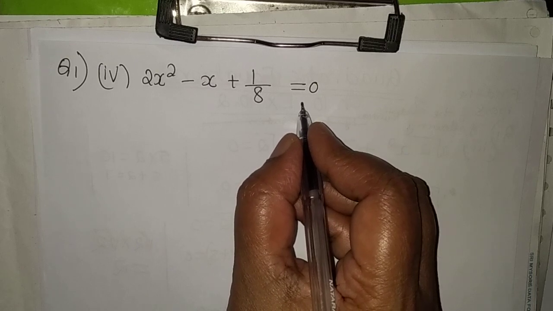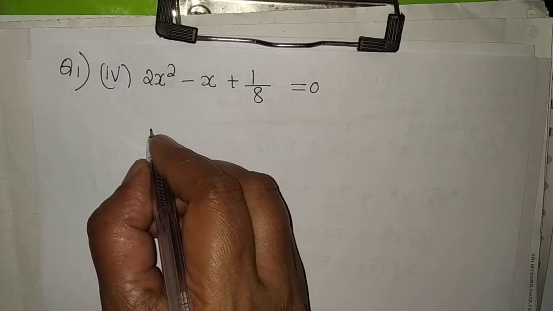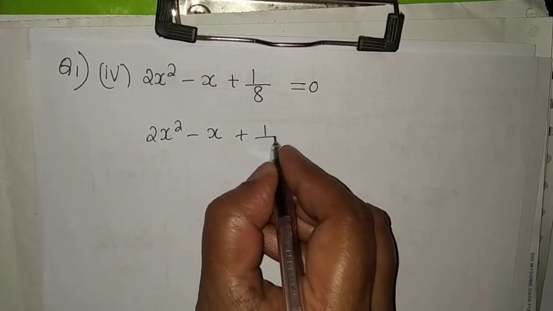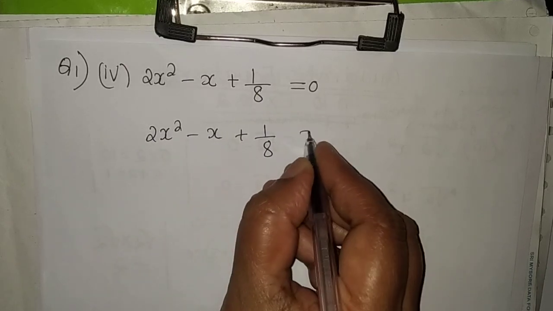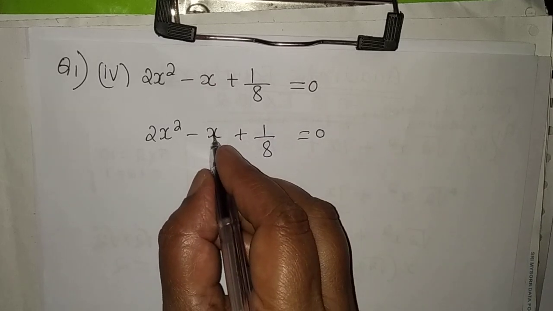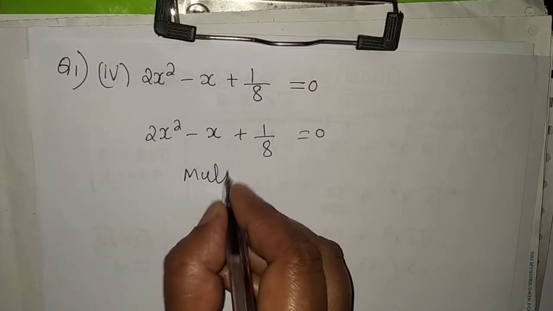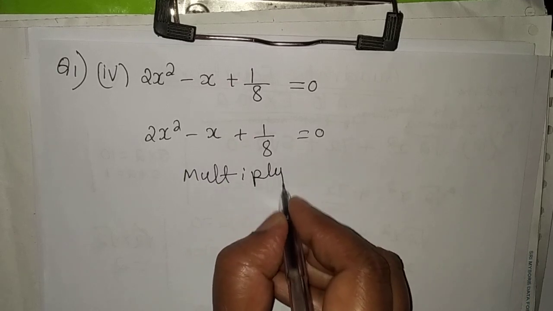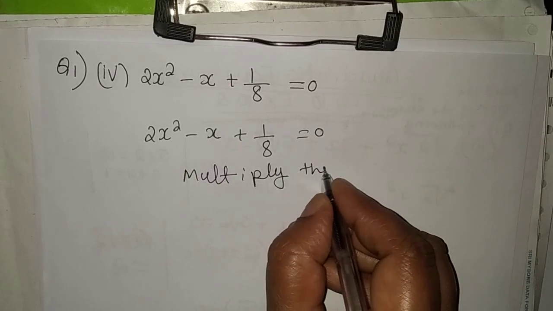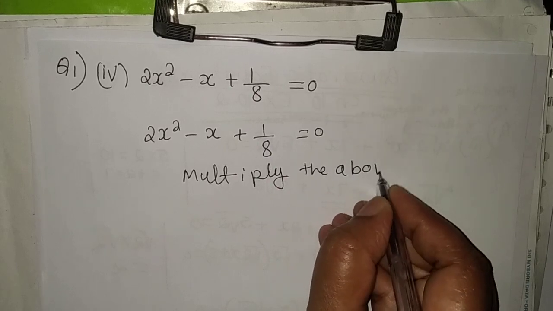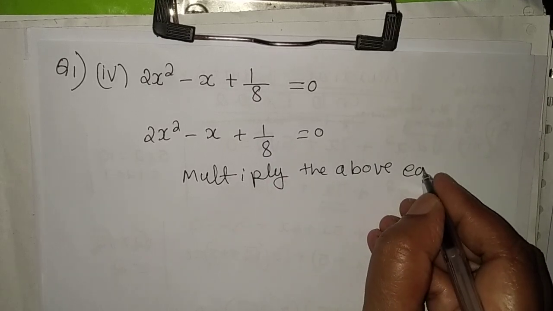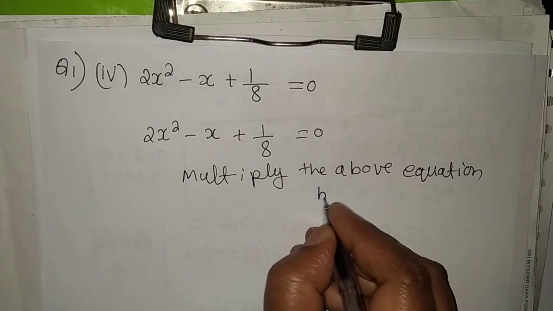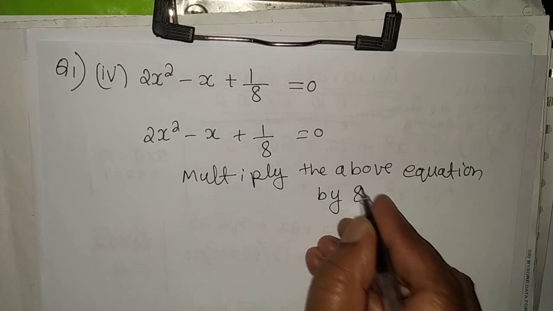So here first what we'll do is take this equation 2x square minus x plus 1 by 8 is equal to 0. The next step is multiply the above equation by 8.